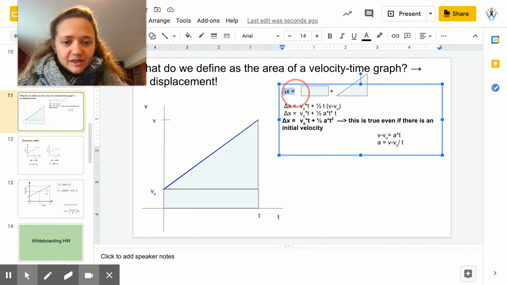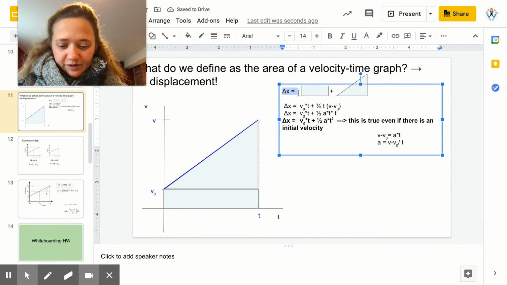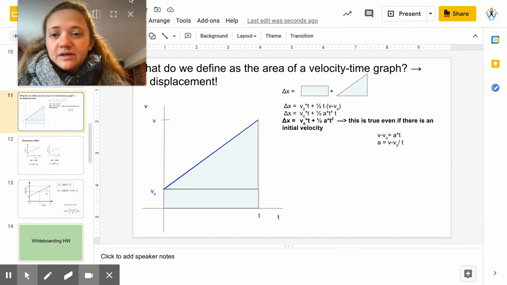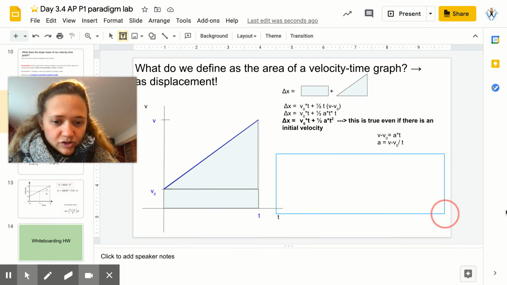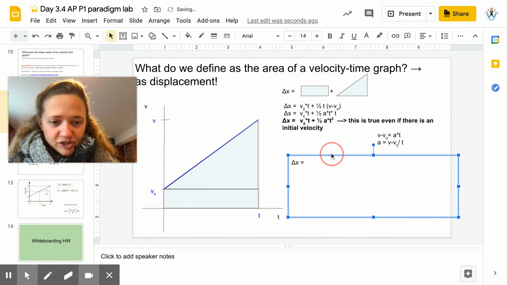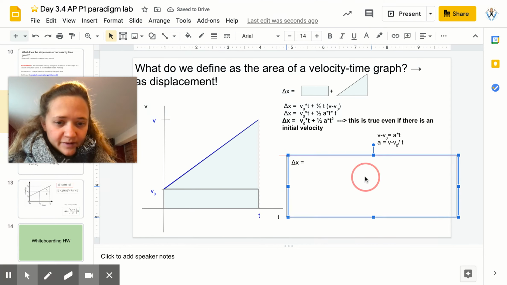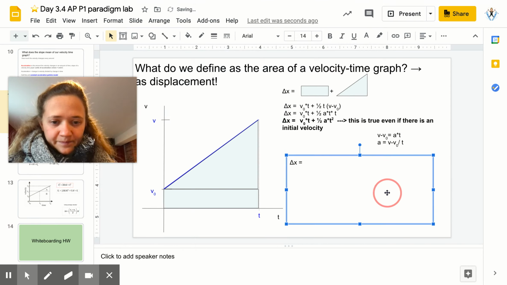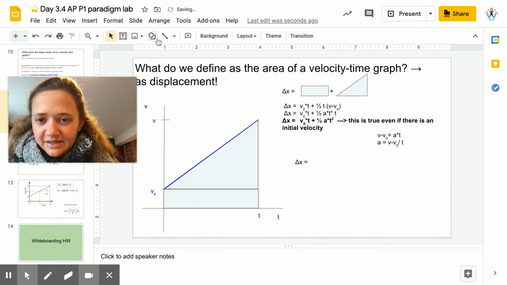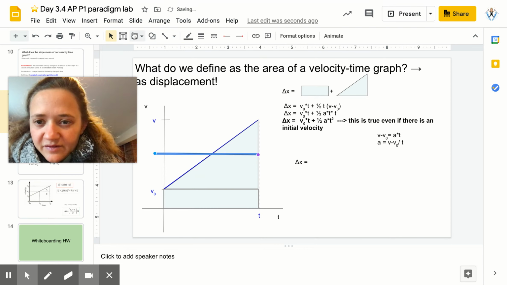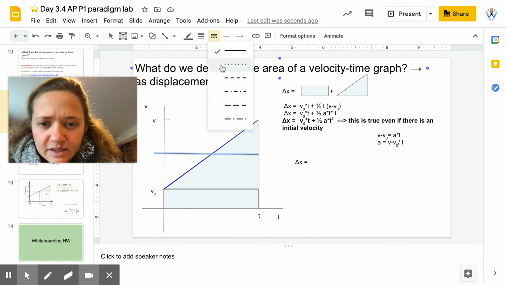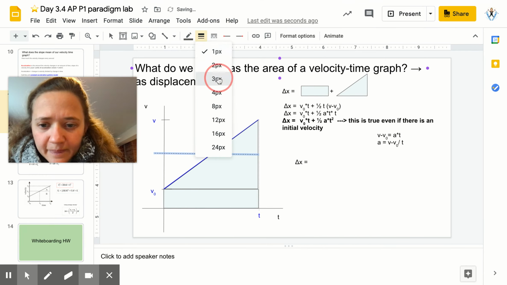So displacement is equal to the area under the velocity time graph, or the area between the velocity time graph and the horizontal axis, the time axis. So we can also look at this shape another way, where it can be the same thing as a square, where we've got this, I'm going to make it a dotted line.